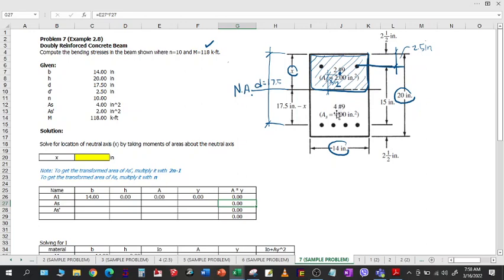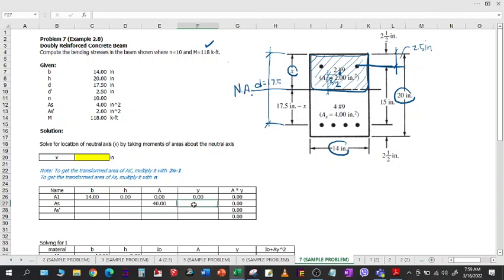Now for As, we don't have width and height because these are circular in shape. So therefore we don't have b and h, we only have the area. So area is 4, but don't forget, to get the transformed area of As, multiply it with the modular ratio. So I will multiply it with this value here, n, and we get this value.